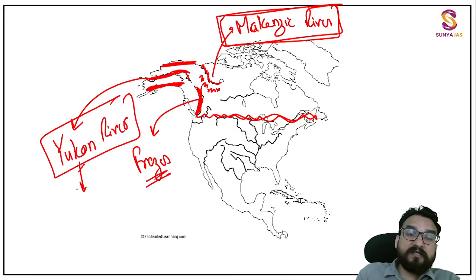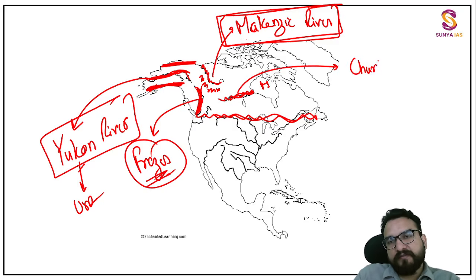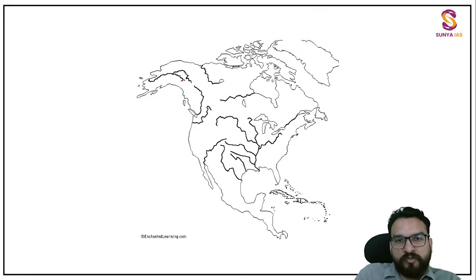So Yukon is the river of USA. Mackenzie and Fraser are the rivers of your Canada. And one river you are also seeing flowing like this to the Hudson Bay, and this is known as Churchill River. So Yukon, Mackenzie, Fraser, Churchill, and you have seen these in the northern part of North America.